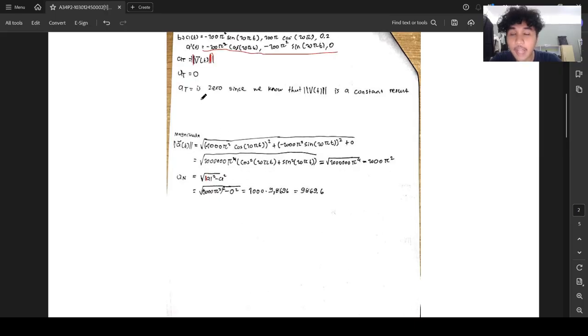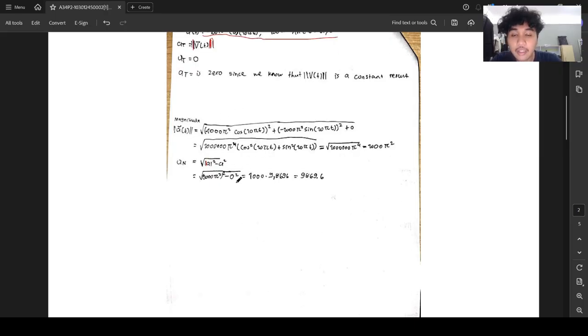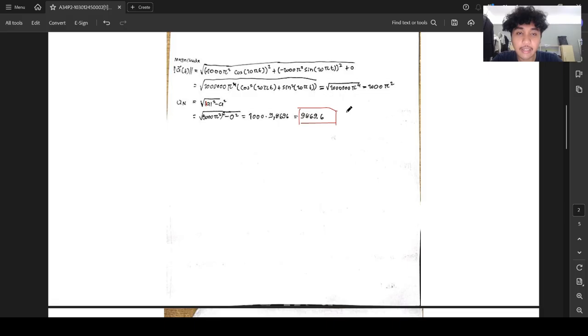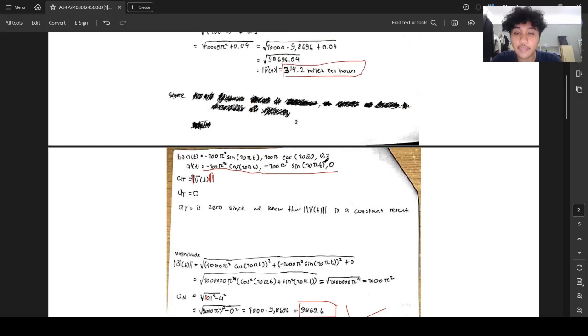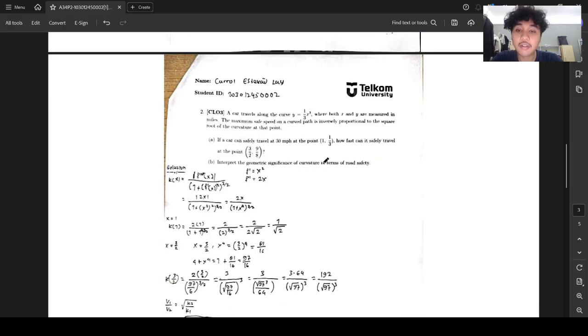Since we know a_T is 0, it's going to be 0 squared. After that, we're going to use pi squared and turn it to 9.86, and we multiplied it together and got 9,869.6. So here's the final value of the calculation, or the final result.